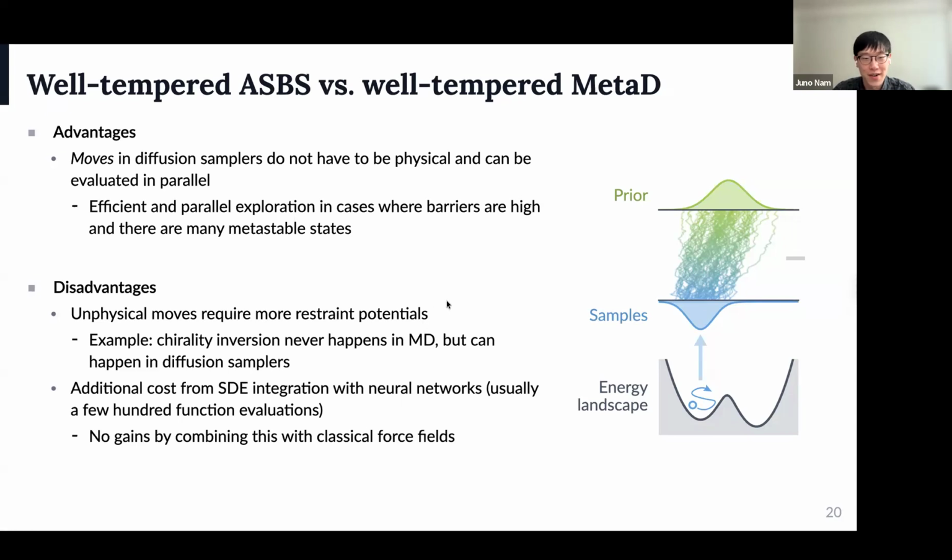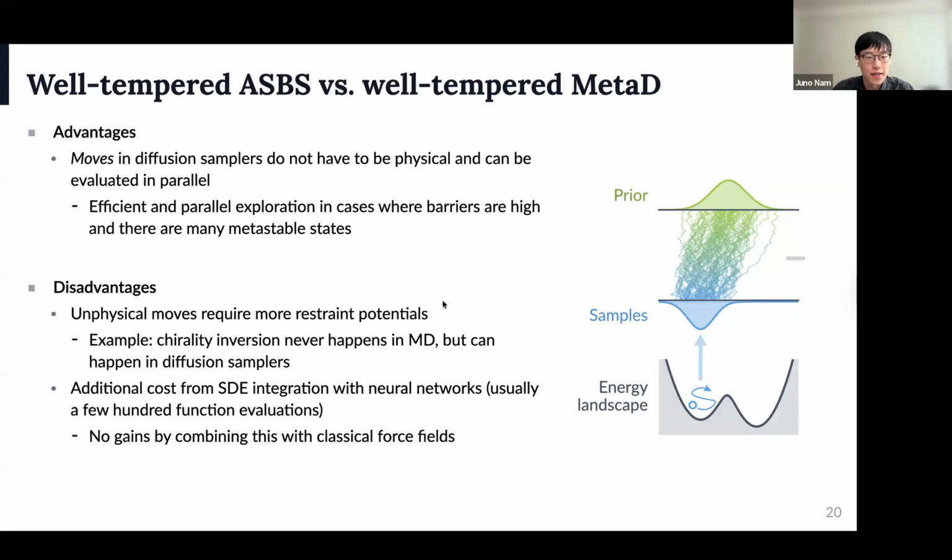So things like chirality inversion in amino acids never happen in MD, but diffusion samplers kind of sample by adding noise. So this kind of inversion can happen if we don't apply restraint potential. So this means that for well-tempered ASPS, we have to be careful with setting up the restraint potential.